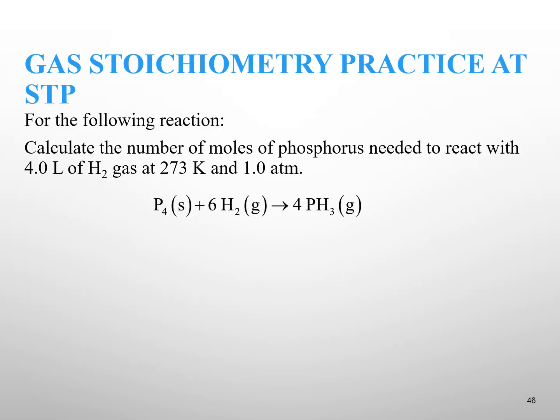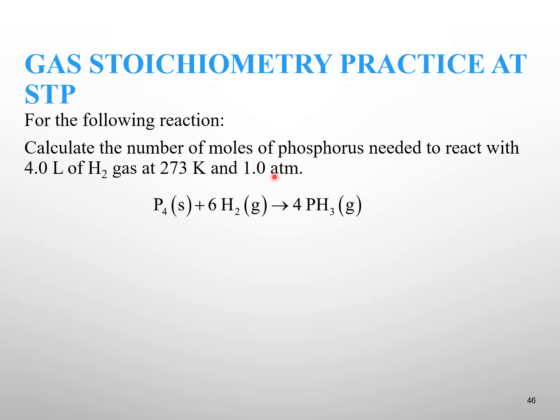So the next one we want to do is gas stoichiometry. Here's the question. Calculate the number of moles of phosphorus needed to react with 4 liters of H2 gas at 273 Kelvin and 1 atm. That's right here, this is STP. So that's really nice. If it's STP, it gives us a shortcut because we have the molar volume, 22.4 liters.